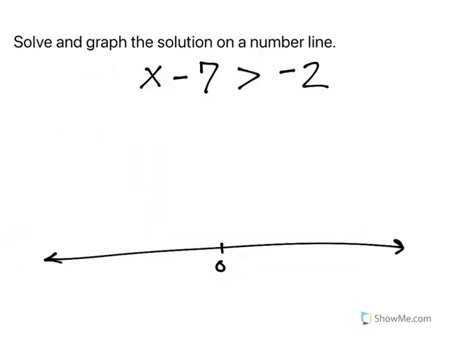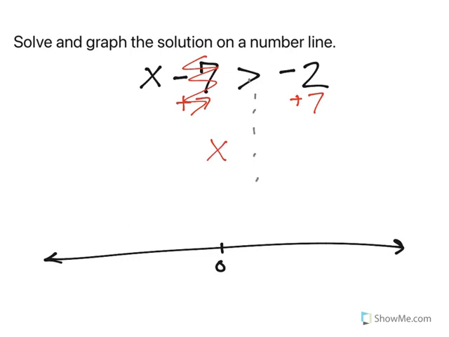Let's do 2 more maybe. So x minus 7 is greater than negative 2. So, okay, by a line, I'm going to add 7 to both sides. Flipping the sign is only with multiplication or division, not adding. So I don't have to worry about this at all.